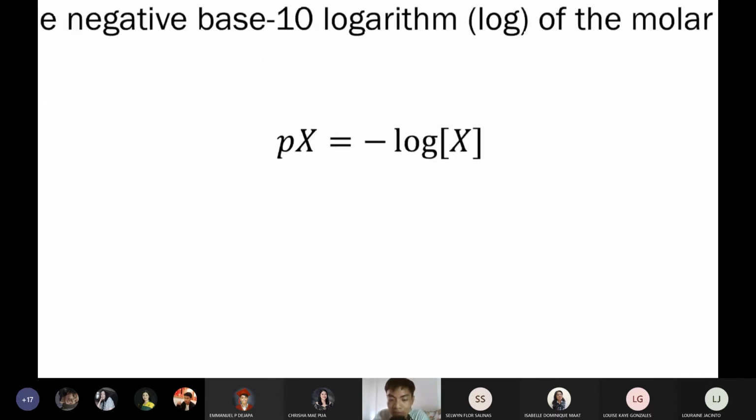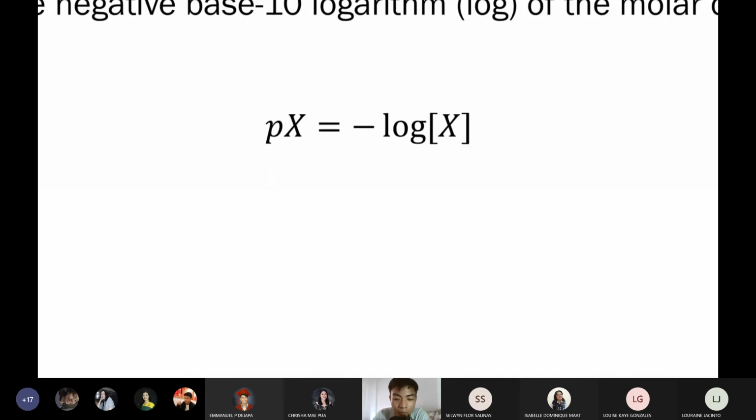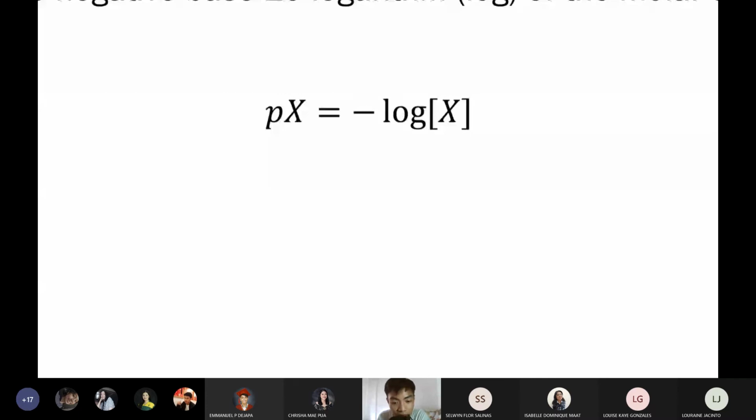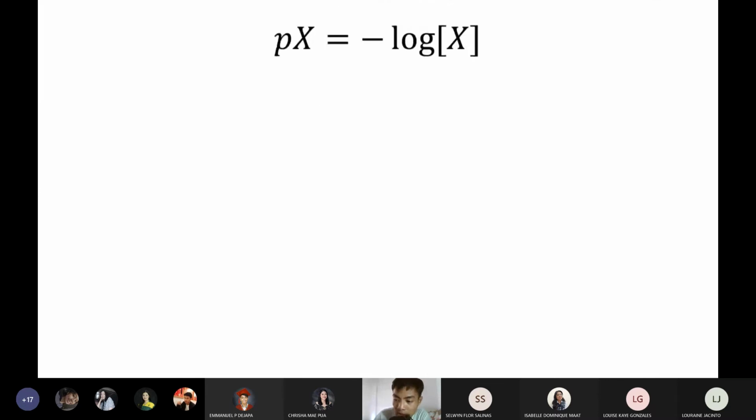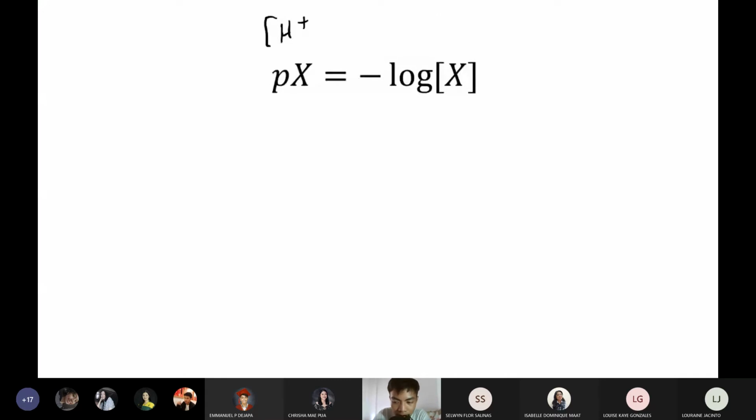Ito yung question. Sir, pwede po ba from px or pH, kunin ko yung value ng x or kunin ko yung value ng H plus, yung concentration niya? Pwede yun. Kasi mathematics to, lahat ay posible. Okay? So, ano pwede natin gawin dito? Di ba itong concentration na to, from H plus to pH, itong equation yung gagamitin natin.